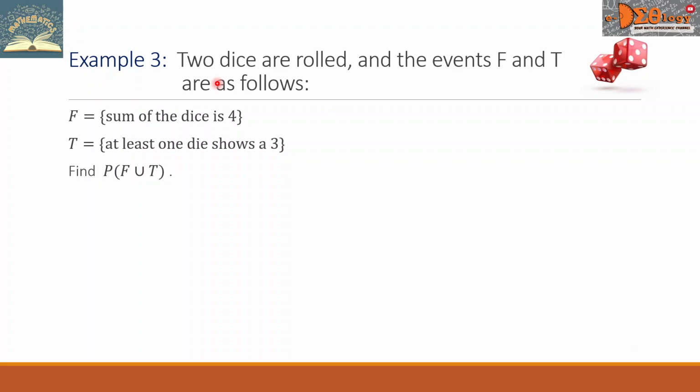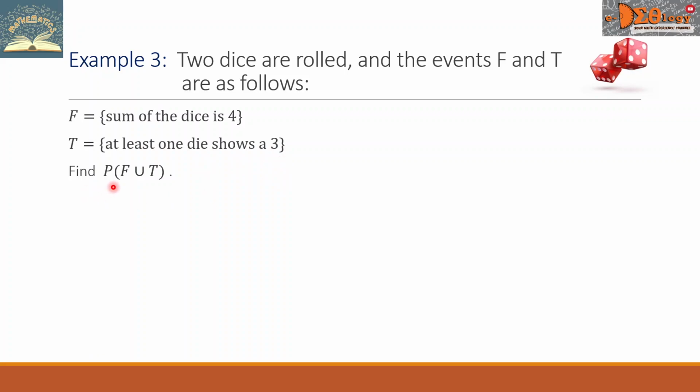Example 3. Two dice are rolled, and the events F and T are as follows. For F, the sum of the dice is 4. For the event T, at least one die shows a 3.